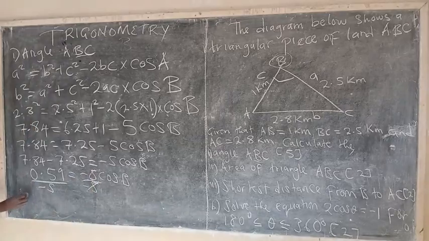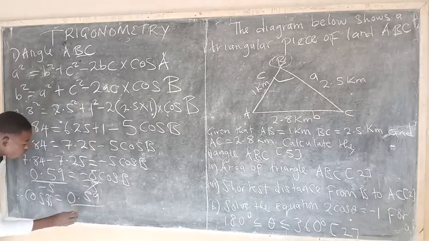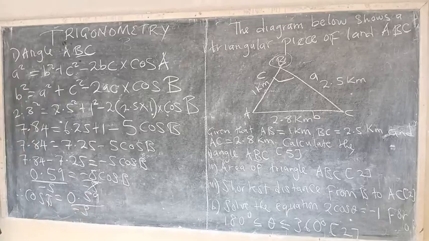Therefore, cos of B should be equal to 0.59 over negative 5.